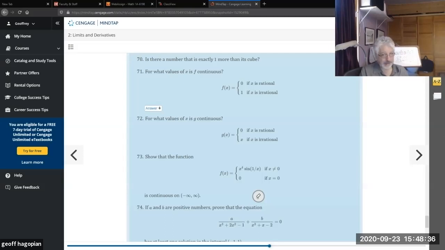I'm just trying to give you a sense of the craziness of the continuum, and rationals and irrationals. If you were to plot this function, you'd have to have discrete points, not on a continuum. Because if the input is rational, then you plot a point on the x-axis, and if the input is irrational, you plot a point on the line y = 1.